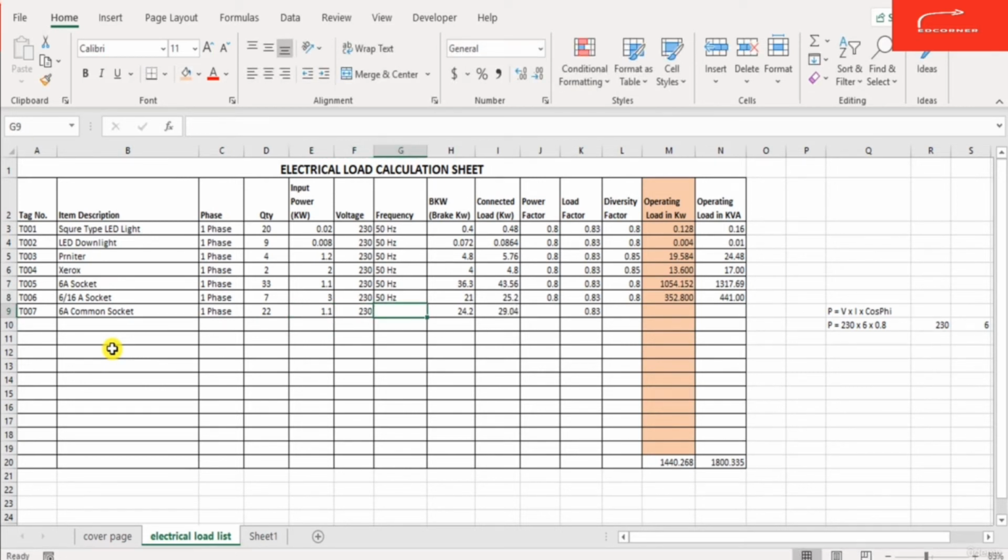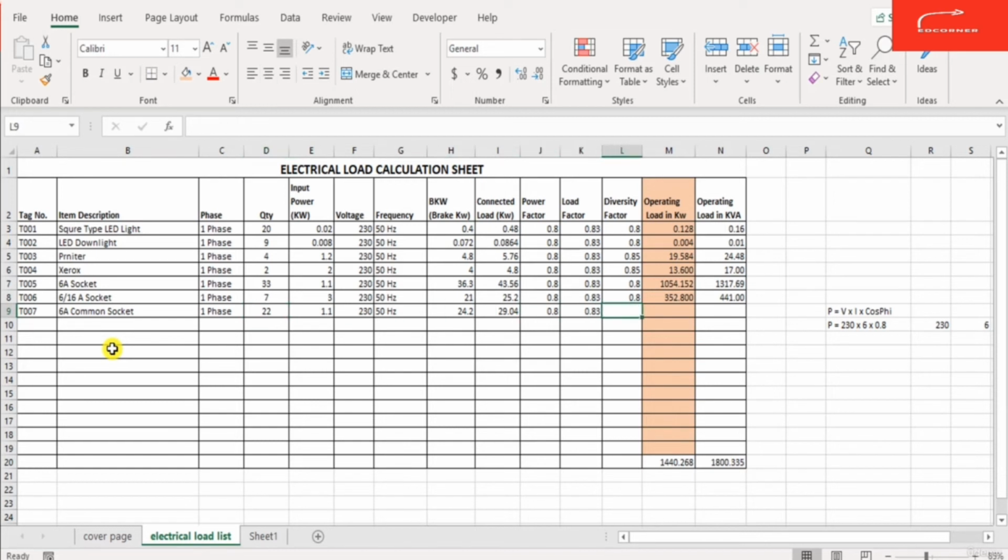The voltage will be the same. The frequency, the same frequency we are taking, so that the brake load comes like this. Input power in kilowatt multiplied by quantity, that is 22 quantity, so it will become 24.2. Connected load is more than the brake load, so it will become 29.04. The power factor is 0.8 for the same 6 ampere common socket.